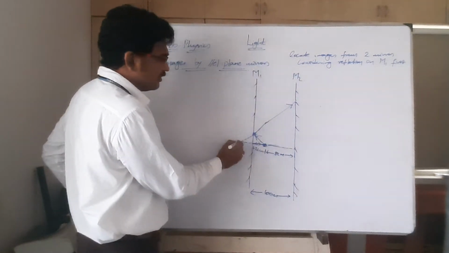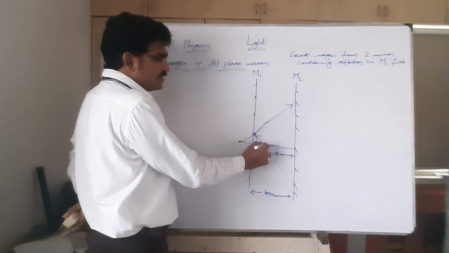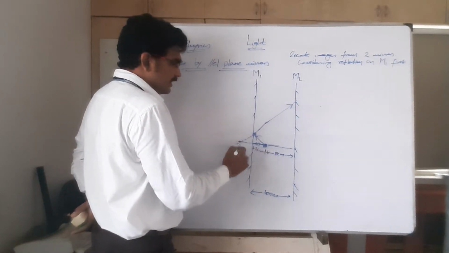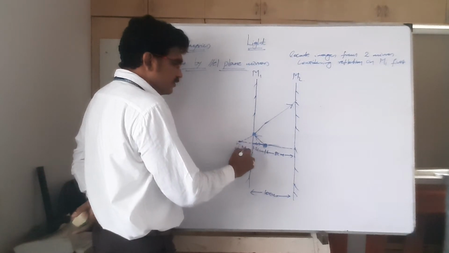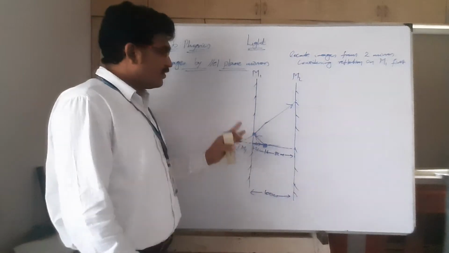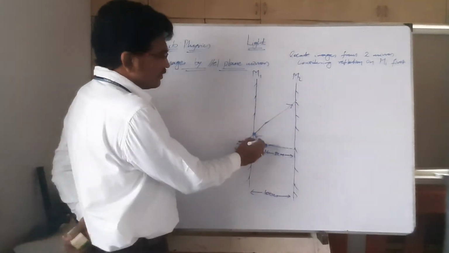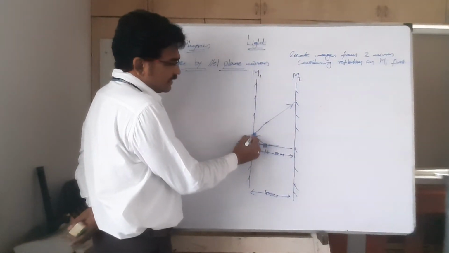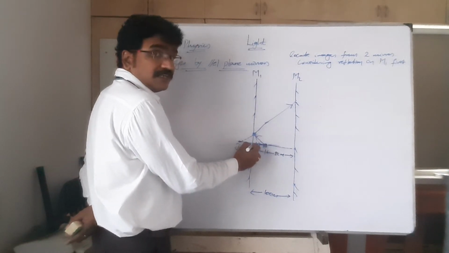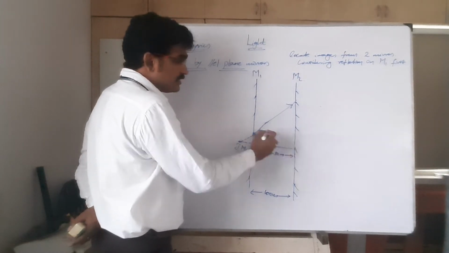Then what is this one? This is the image of this object. I can say this is the image formed on M1. So you take two incident rays, one in this direction, one in this direction. For this incident ray, the angle of incidence is 0, so it will reflect in this direction.